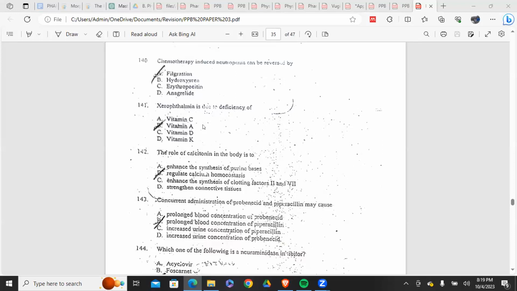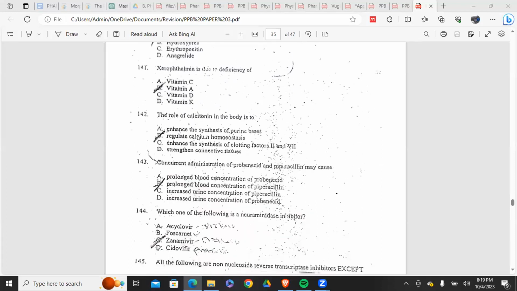Yeah, so I guess vitamin A. The role of calcitonin in the body is to enhance synthesis of urine bases, regulate calcium homeostasis, enhance the synthesis of clotting factors 2 and 7, or strengthen connective tissue. Near calcium. I think calcium.